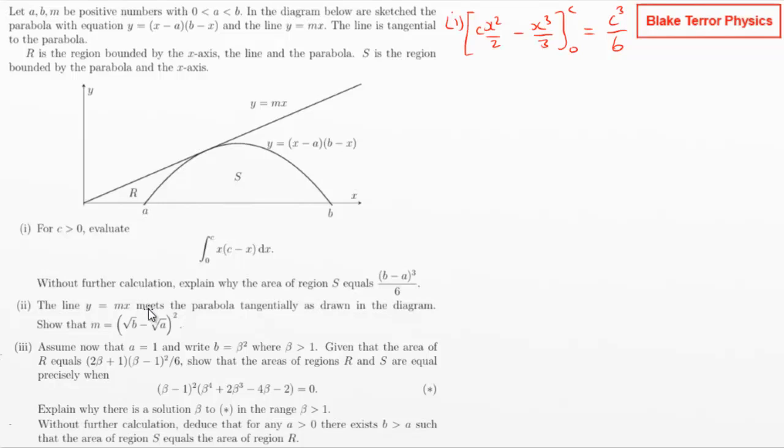Oh, there's more. Without calculation, explain why the area of region S equals b minus a cubed over 6. Well, they just moved the limits along.